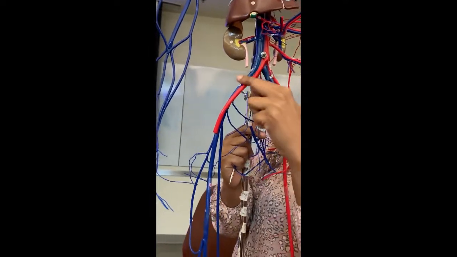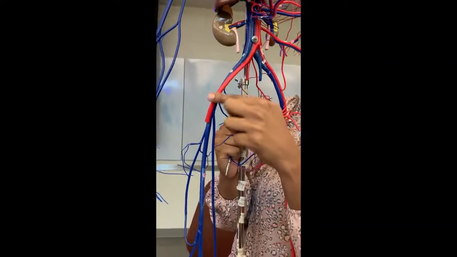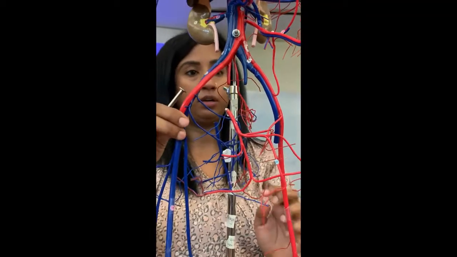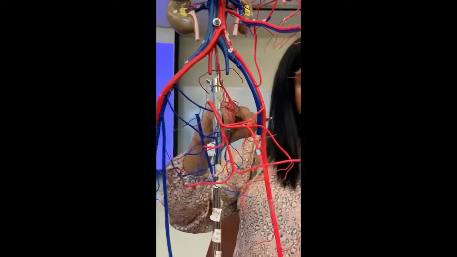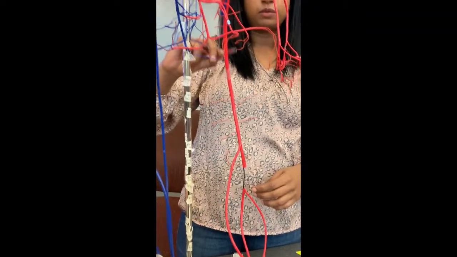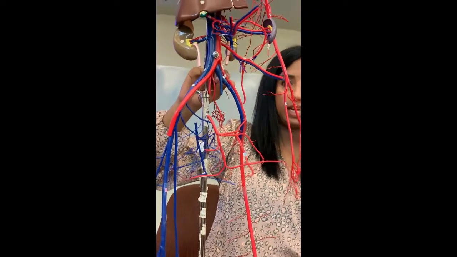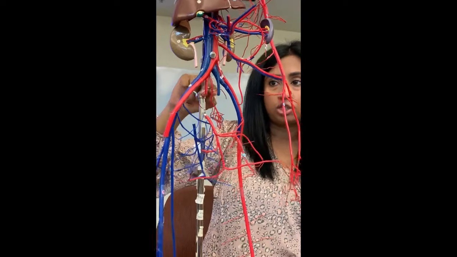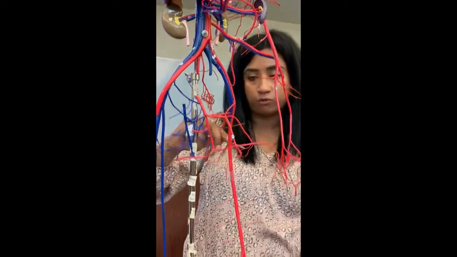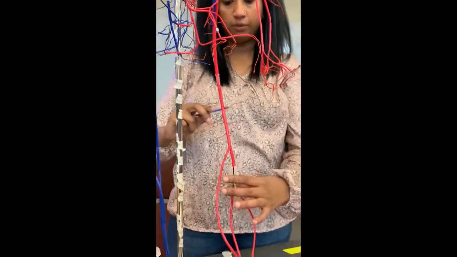The common iliac splits into external iliac and internal iliac. Very good. Now the external iliac goes on to form the femoral artery. So you have the common iliac, internal iliac, external iliac, which forms femoral.